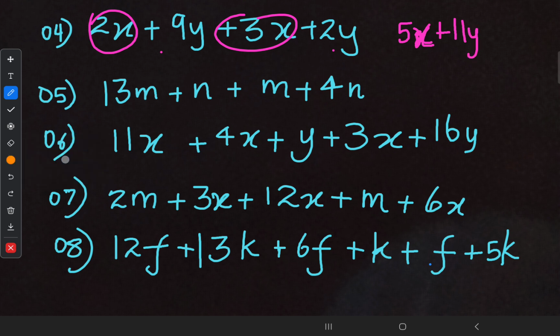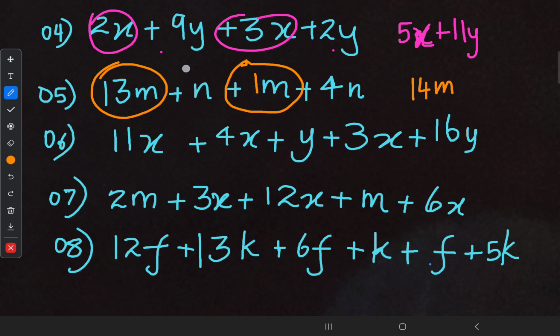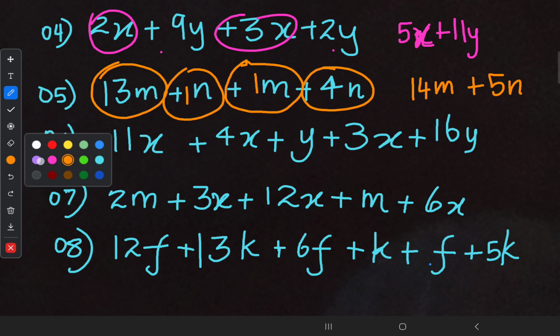Similarly, for our next question, 13m and 1m are our like terms. So 13m plus 1m will become 14m. Then n and 4n will become 5n. So 14m plus 5n.